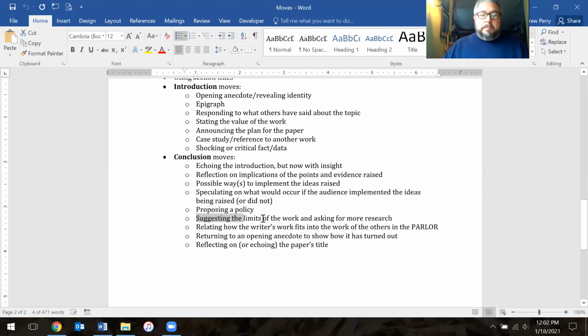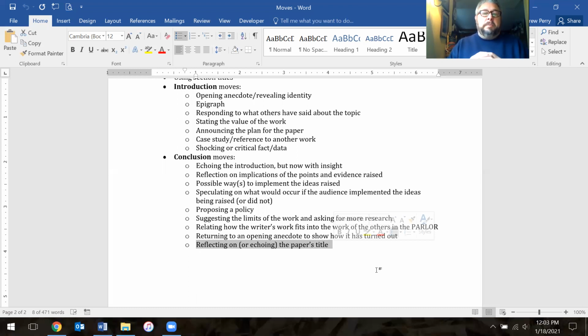They might suggest the limits of what they have been talking about and ask for further research, saying things like, issue X falls outside of the range of what I've been talking about. Maybe someone else can pick that up and go in that direction on their own. It's very common for a writer to reflect on the title of their paper. Again, I did not cover every single move here, and this is simply scratching the surface.